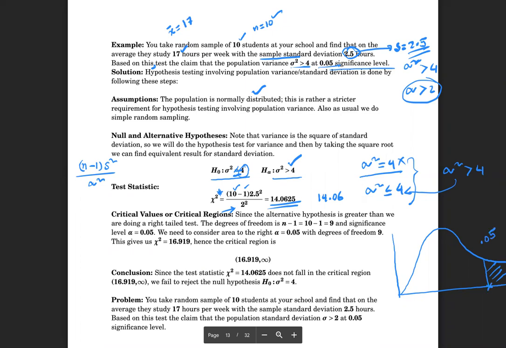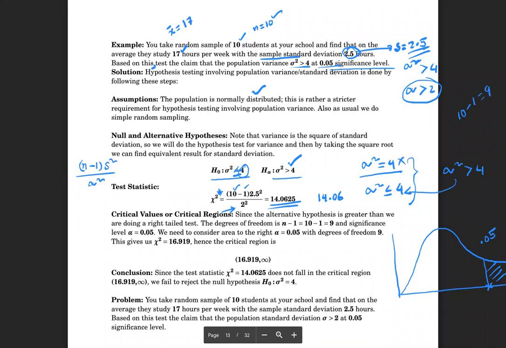Associated with that area, 0.05, there is a value, and let me find that value for you. Let's go back and see the chi-square distribution table. Degrees of freedom is n minus 1, so 10 minus 1 is equal to 9.